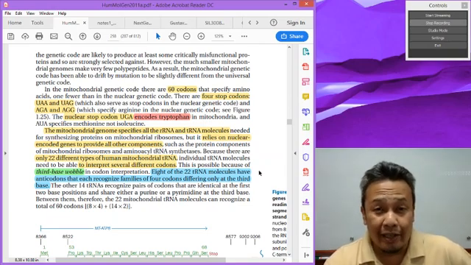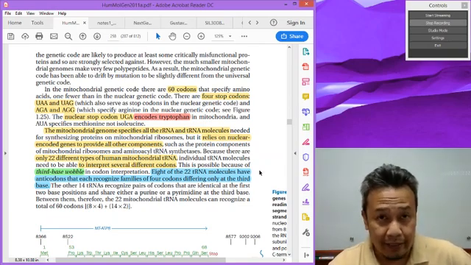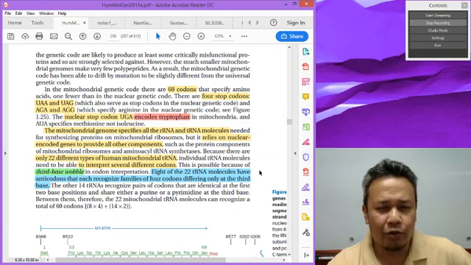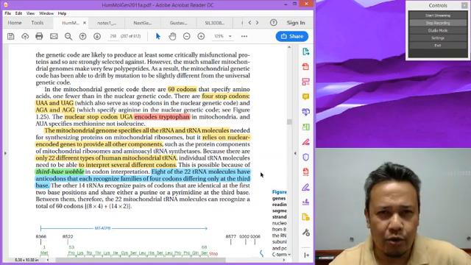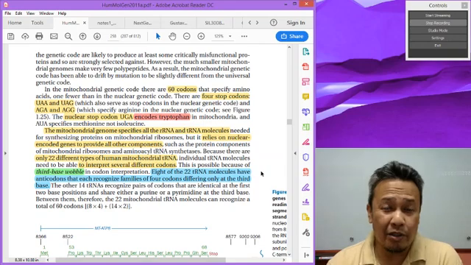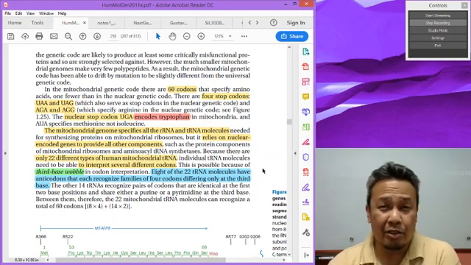The mitochondria has 60 codons. I asked you in class, what is the number of codons for the human genome, right? If you can't remember, you have to start counting. Instead of 3 in the normal human genome, the mitochondrion has 4 stop codons.